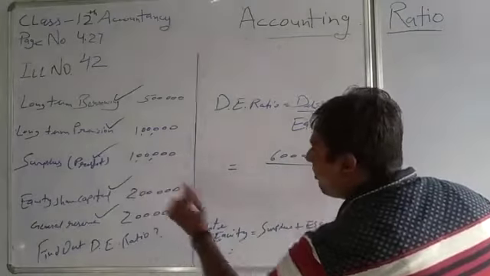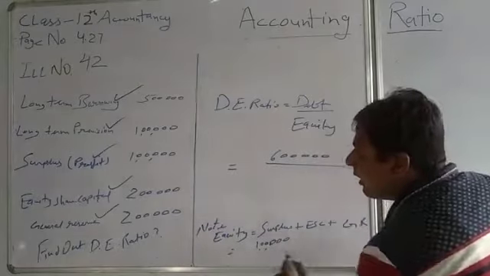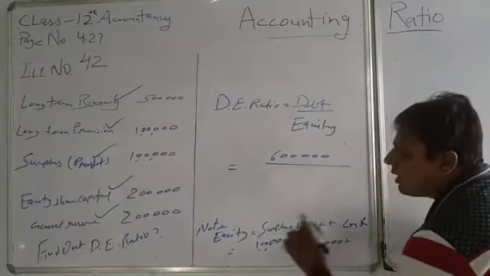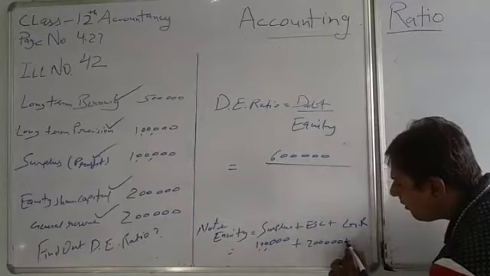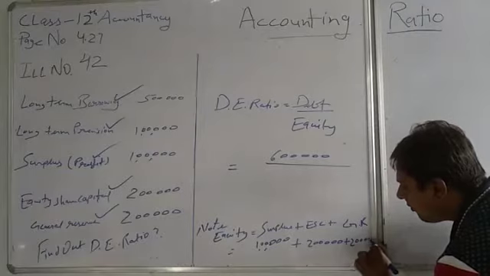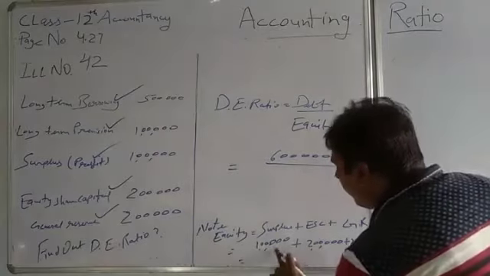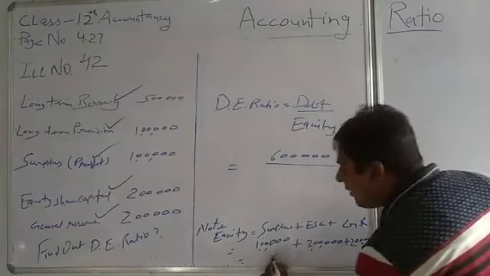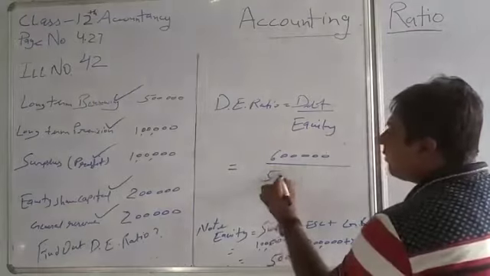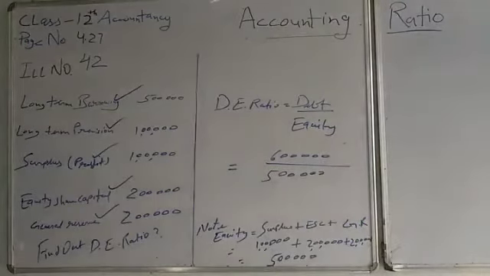How much? Surplus 1 lakh. Equity share capital 2 lakh. General reserve 2 lakh. So how much will it be? 1, 2, 3, 4, 5 lakh. So that is our debt equity ratio.